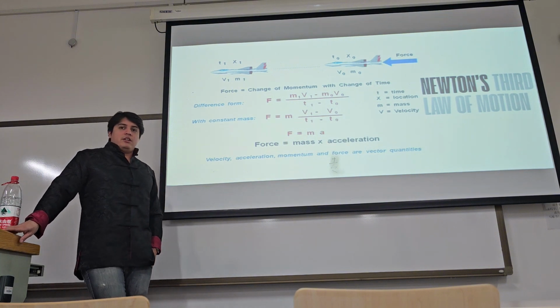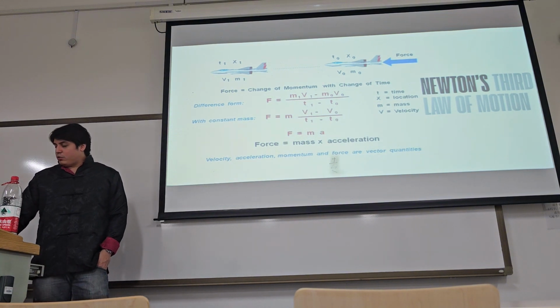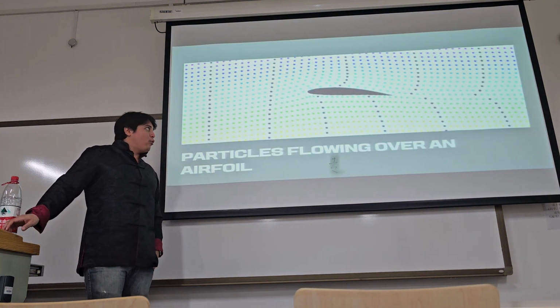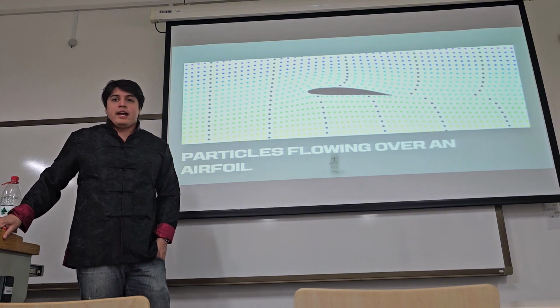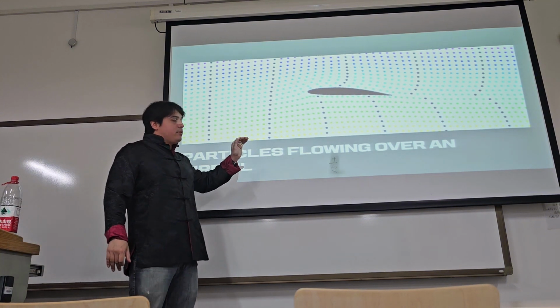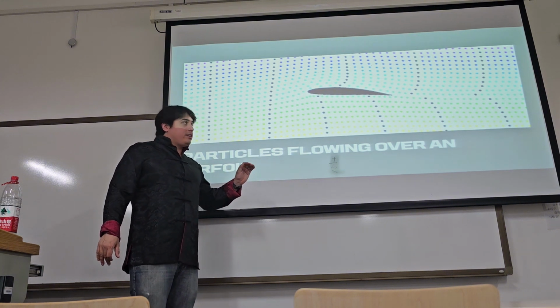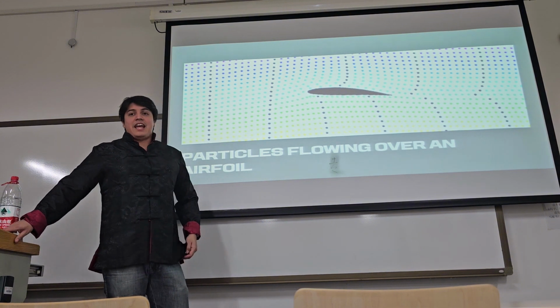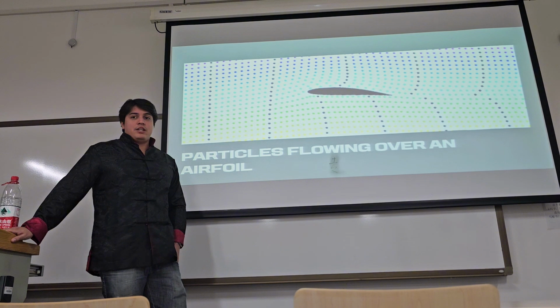To better understand this, let's look at the wing's shape and motion. The airfoil, or wing, is angled slightly upward, allowing it to direct the air downwards as it moves forward. This angle is known as the angle of attack.